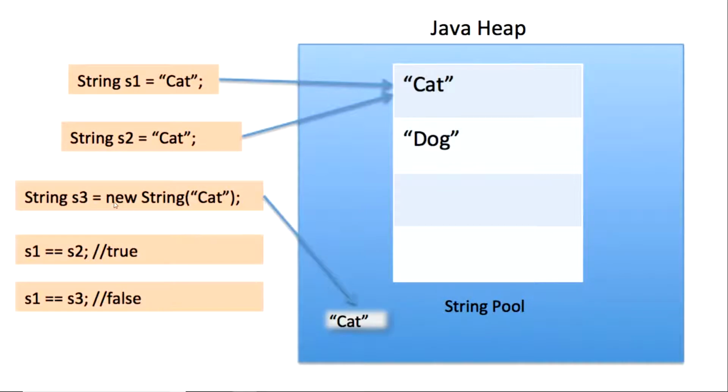And whatever variables are created using the new keyword are all stored in the heap area. So this String s1 equals "cat" is stored in the string pool area, and when another string called s2 is created with the value "cat", it is not going to create another variable for this. It is going to utilize the s1 variable here.